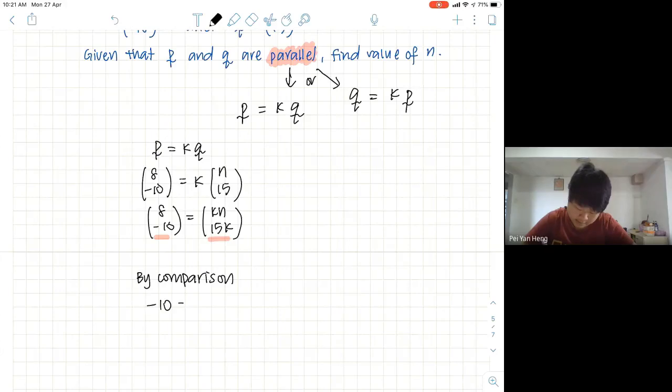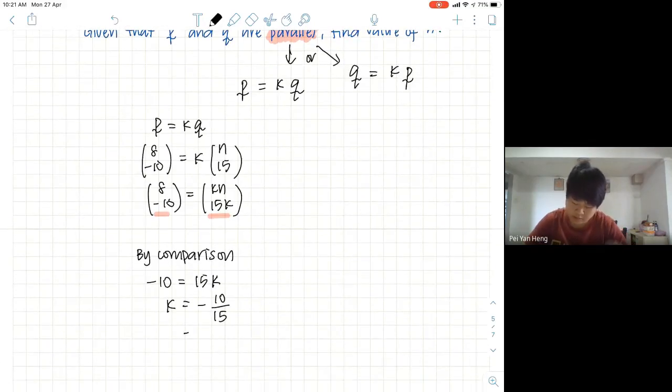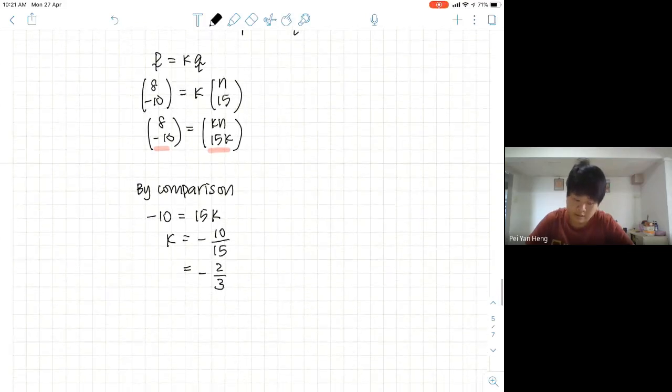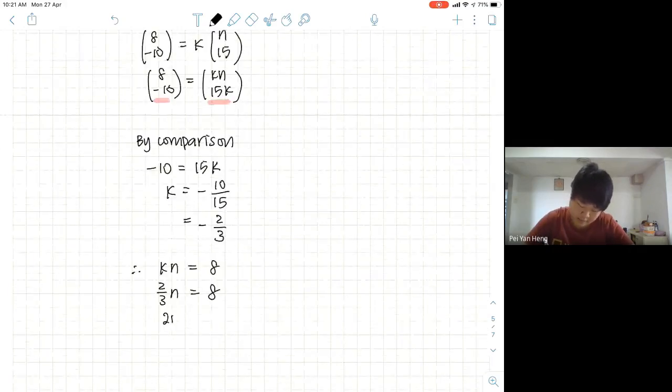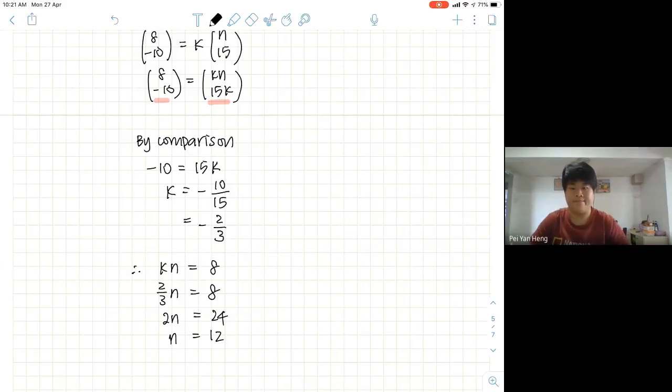Negative 10 equals 15K. K will be negative 10 over 15, which is minus 2/3. Therefore, using the top, Kn equals 8. We have 2/3 of n equals 8. 2n is 24. n would be 12. That's what it means by parallel.